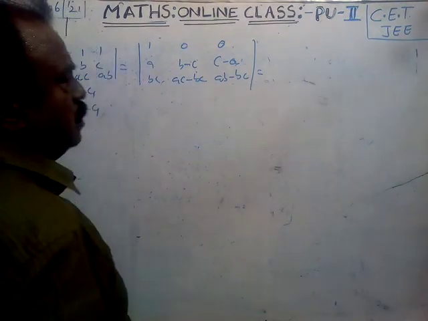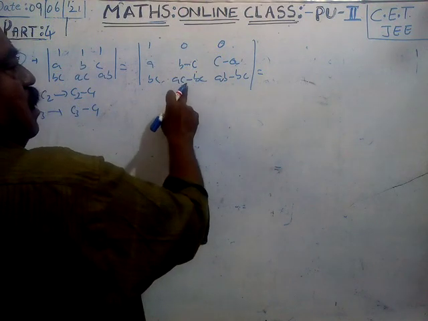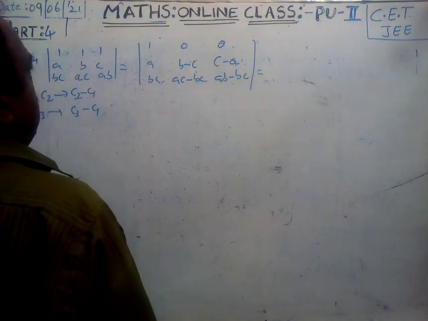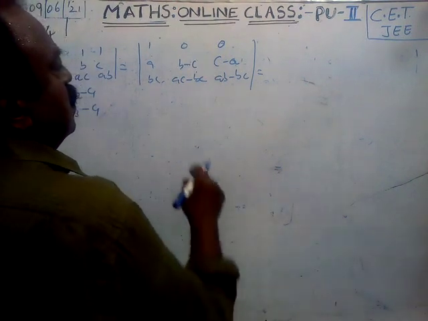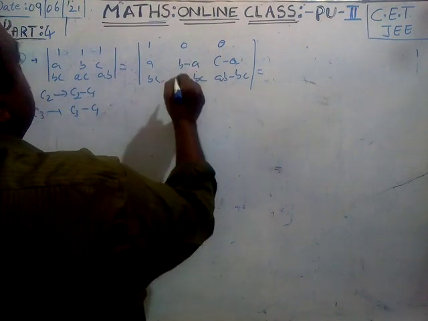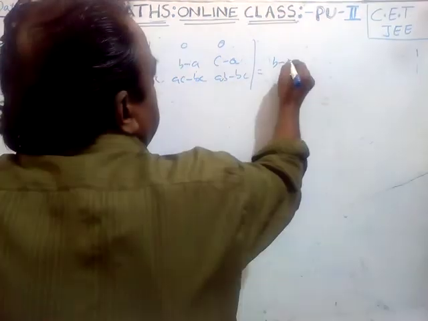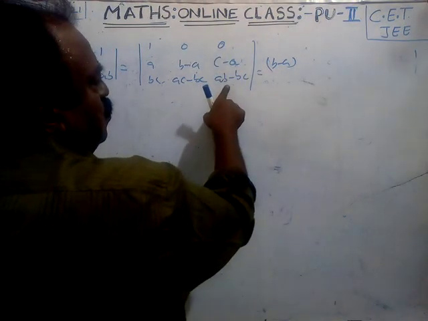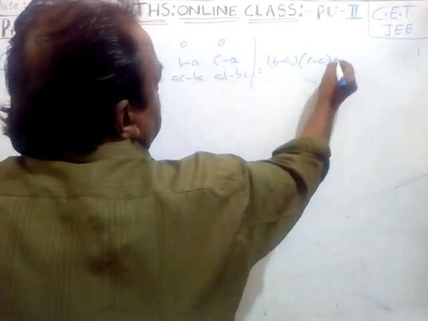So in this second column, 0, B minus A, and C times (A minus B). If you take C as common, A minus B will be there. So B minus A is common in this column. The third column also has C minus A, and here also A minus C if B is taken as common.